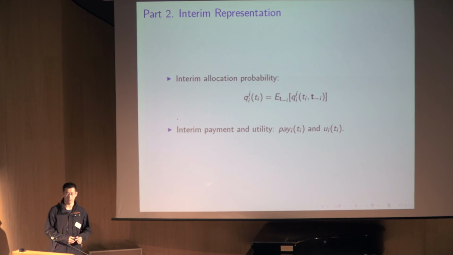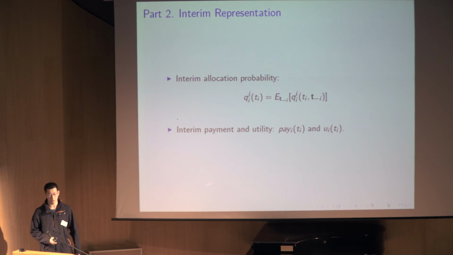In the Bayesian setting, it is convenient to use the interim representation. q_ij(t_i) is the expectation of q over the other buyers' types, and similarly we can define the interim payment and the interim utility.